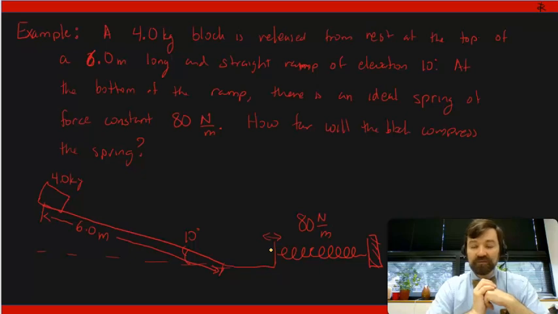So we will assume that the spring is long enough that the mass will just be compressing it until the system is at rest. And so our question is, how far does the spring get compressed before the block comes to rest? So how do we go about solving this problem?